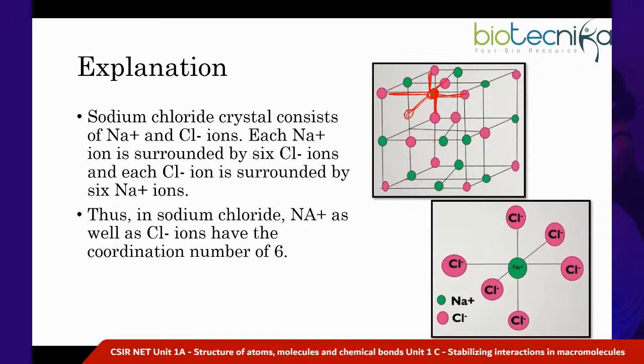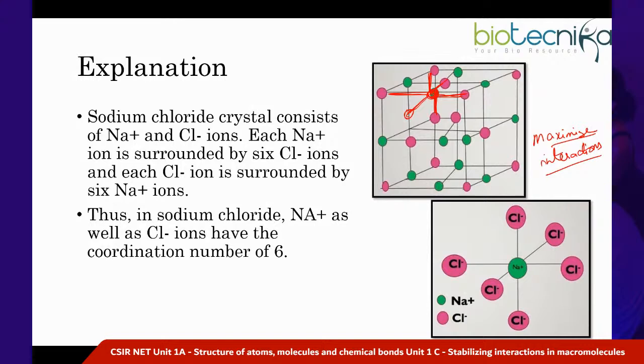Okay. Now, why do ionic compounds stay in a lattice? It is to maximize the interactions between them. As you know, we are discussing mostly CSIR questions only, and today in my session, all are CSIR questions only.